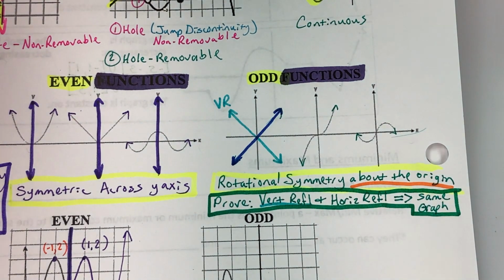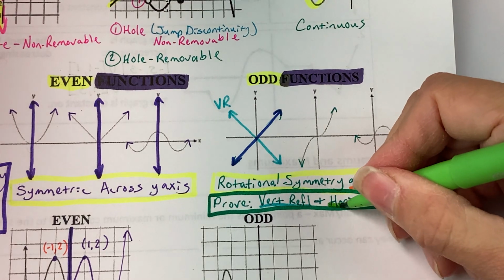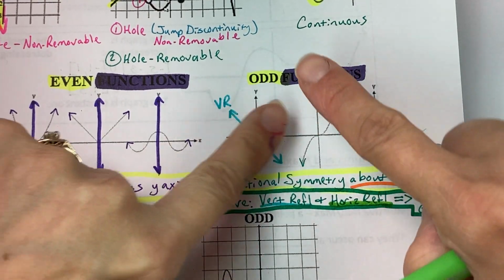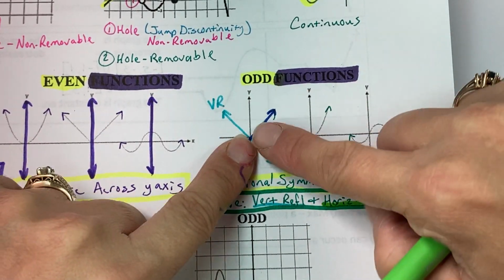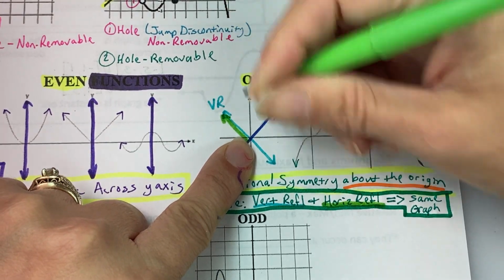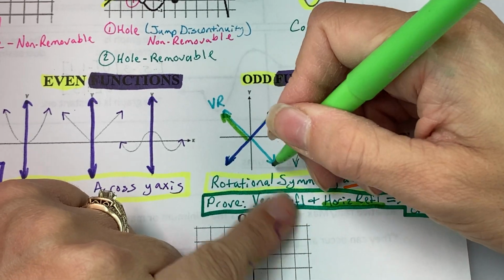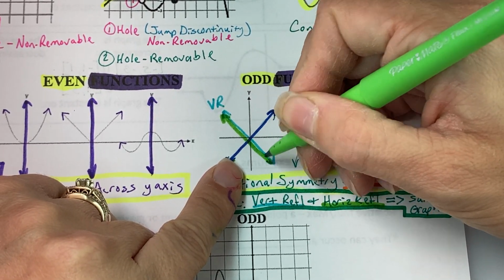Here's vertically reflecting it. If I horizontally reflect it, which means flipping left over right, then this top piece goes over here, and this bottom piece goes over there.